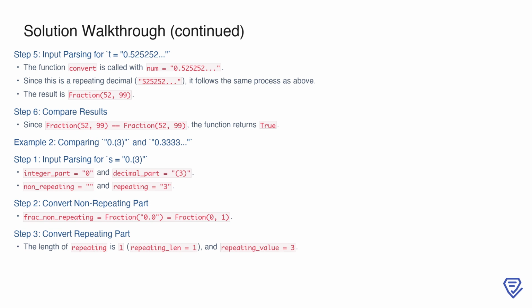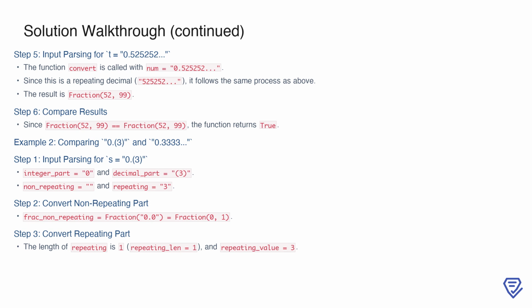The function convert is used again, and since this input is a repeating decimal, it undergoes a similar process. The repeating sequence, 525252, is converted to the same fractional value as before, Fraction(52, 99). With both inputs processed, we compare their results. Since Fraction(52, 99) equals Fraction(52, 99), the function confirms that the two numbers are equal and returns true.